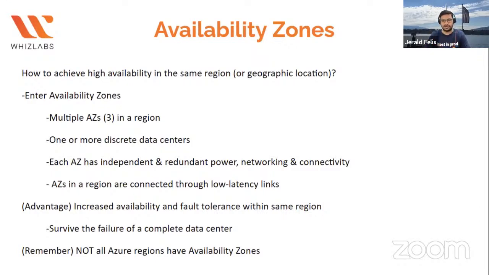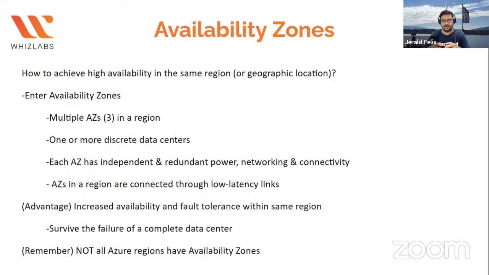Each availability zone has independent and redundant power, networking, and connectivity. So even if they come across any natural disasters or anything else, it won't have any impact on the application they are serving. Availability zones in a region are connected by low latency links to deliver software in the fastest way.